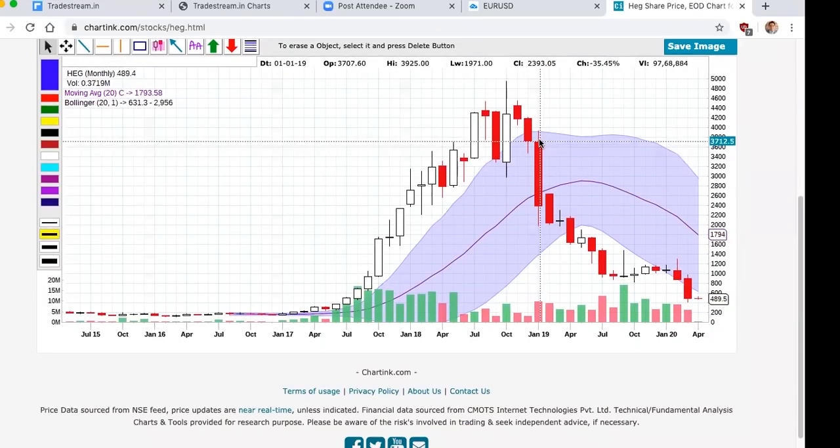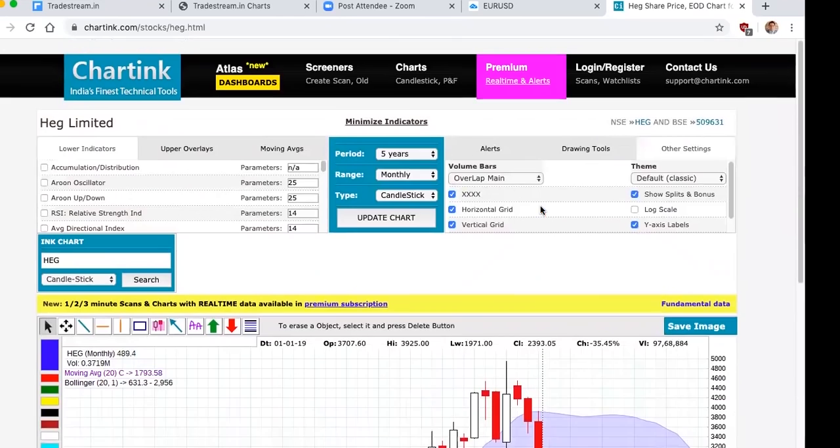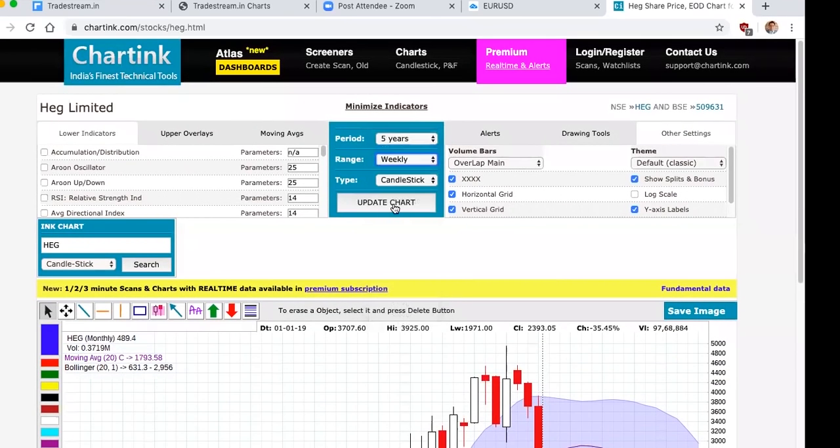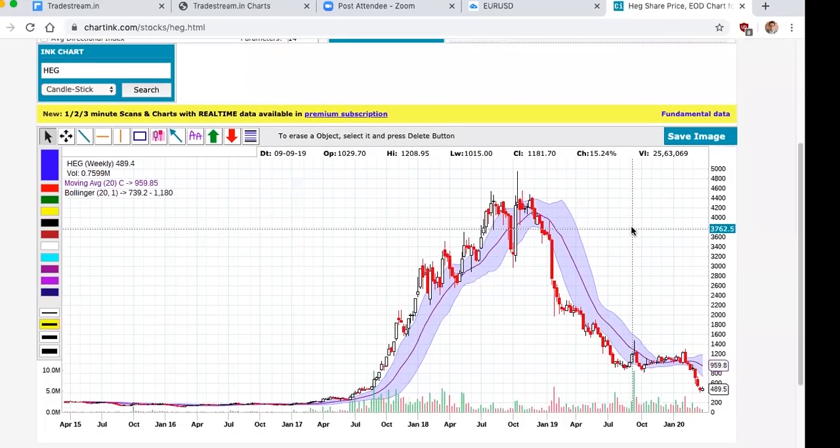Like by the time it goes, it's already down from 2,800 to 2,300. So for something that moves very fast, this is subjective. So that's why I said you can't call this. It depends on what you are trading. For HUL, you can use a monthly, but for something like HEG, you have to use weekly because it moves too fast.